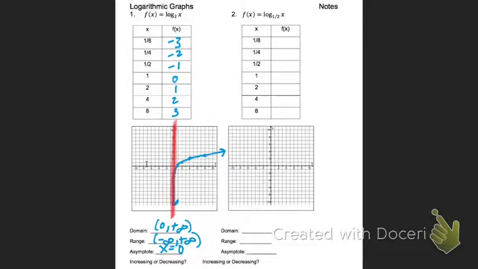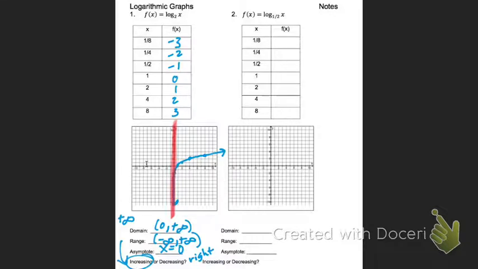Is it increasing or decreasing? Increasing. Yes. I'm going to skip the second one. And as x is going to positive infinity, my y is doing what?